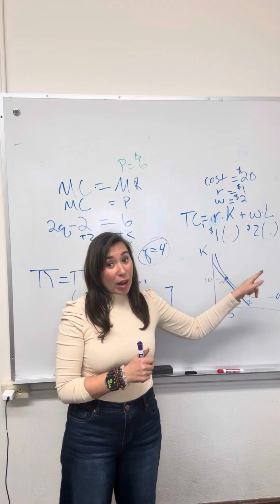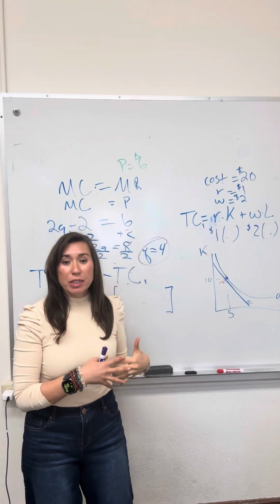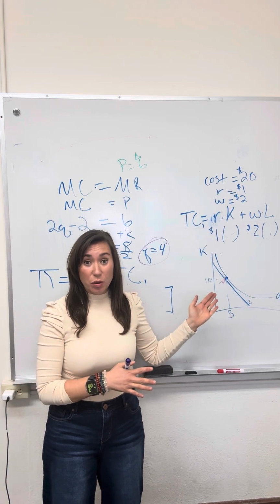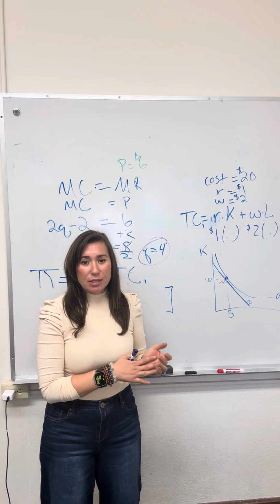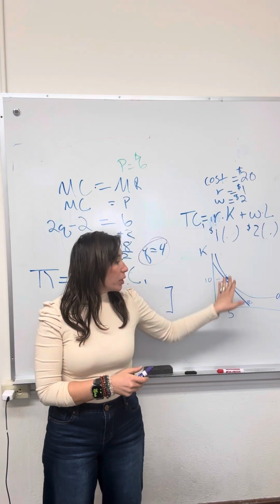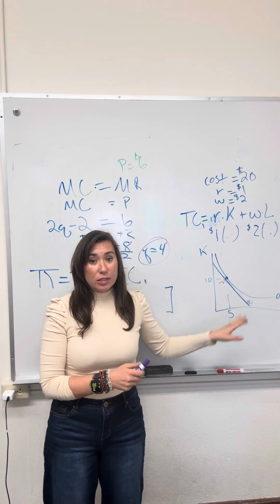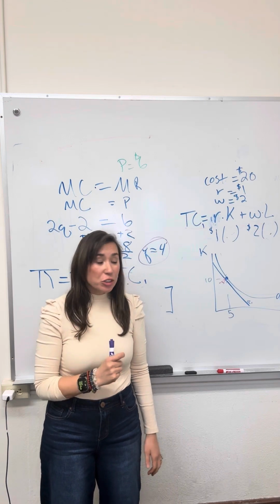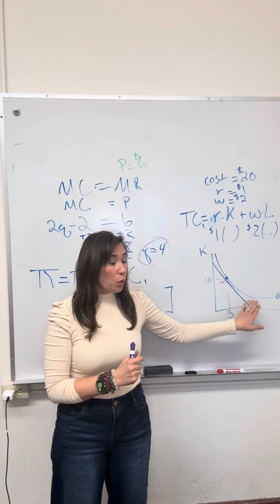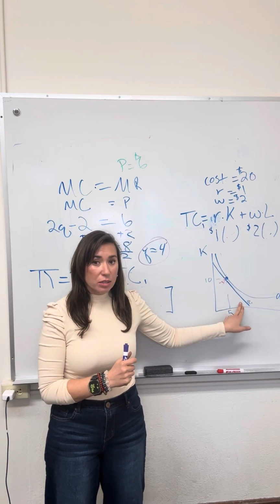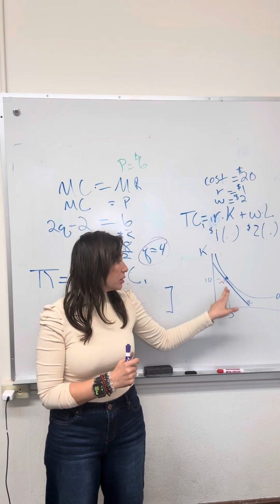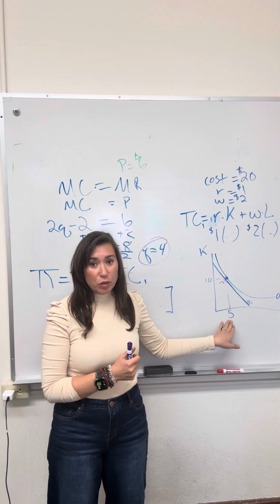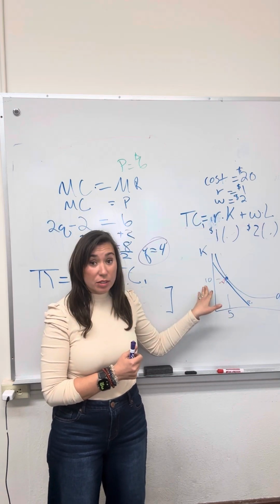And in order to find out what's the cost minimizing way to produce 4 units, I need to reintroduce isoquants and isocosts back into our analysis. And remember that we found that on the 4 isoquant, the absolute least costly way to produce is a point of tangency between the 4 isoquant and this isocost that represents our total cost at point A. So in this case, we are using 5 units of labor and 10 units of capital.